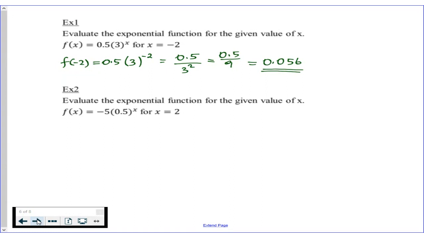Okay, now evaluate the second one, f of 2. Example 2 says find f of 2. So it's -5 times 0.5 to the power of x. Use your calculator, or if you know how to apply properties of exponents, you can use those. But it is very important to use your calculator.